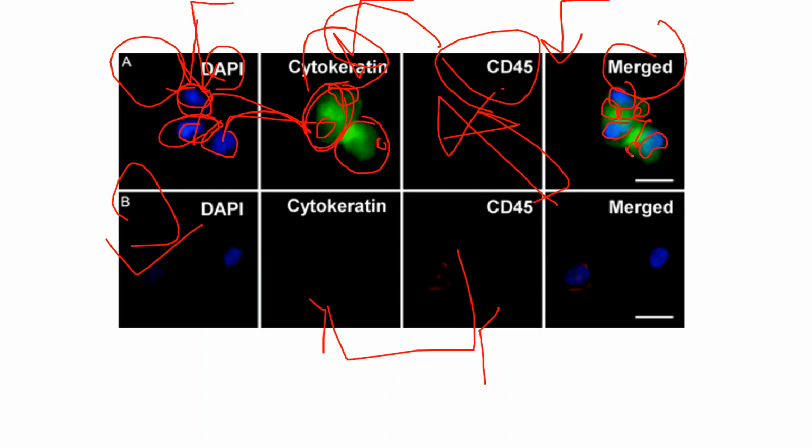And how much abundance is there? We can see a very good signal, right? So that means the protein is very high in amount, and they are present in the cytoplasm. A good signal of cytokeratin means high expression of cytokeratin is present in this situation.